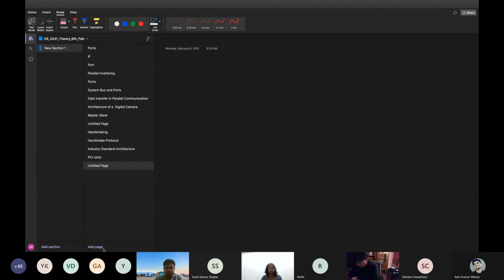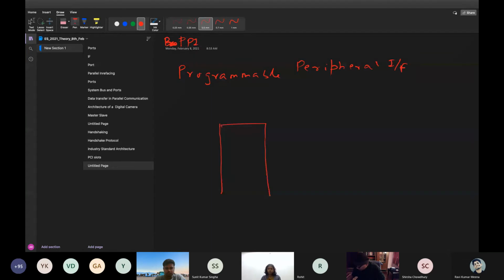Now I shall talk about a very beautiful chip called the Programmable Peripheral Interface, PPI. It is basically connected to the microcontroller which is already there on board. This is my computing CPU, you can say.